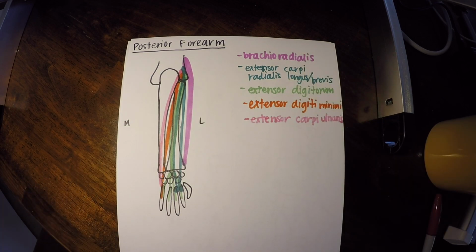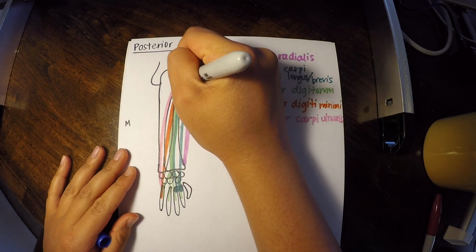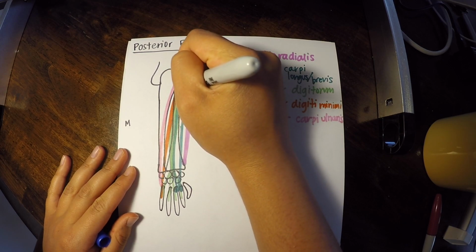And this last muscle, which is our supinator. So our supinator is going to have some attachments to the ulna, but it's going to kind of be wrapped all around the radius. So what I'm going to do is I'm going to do it in our navy blue color. And it's really just going to be wrapped around this whole area.